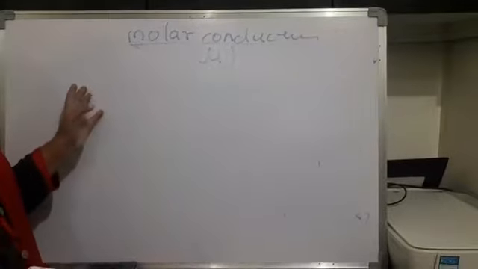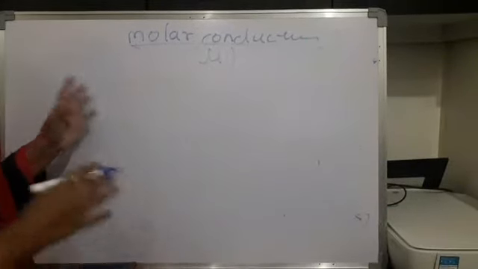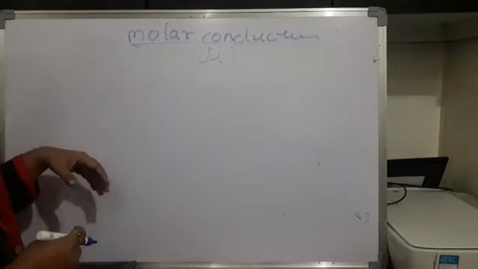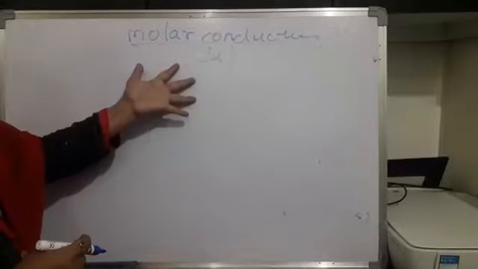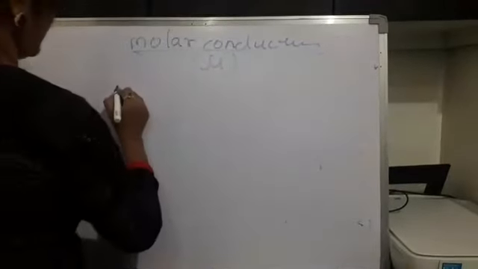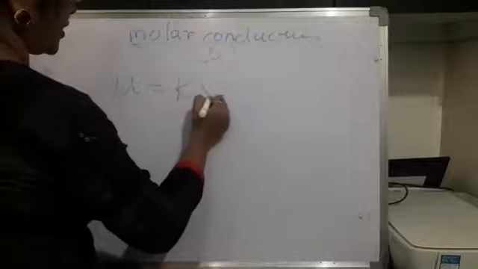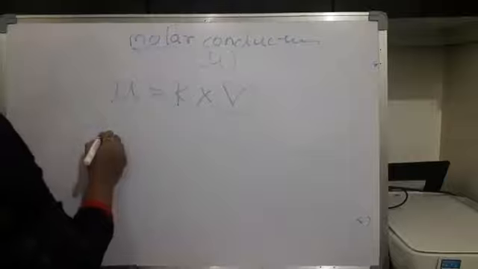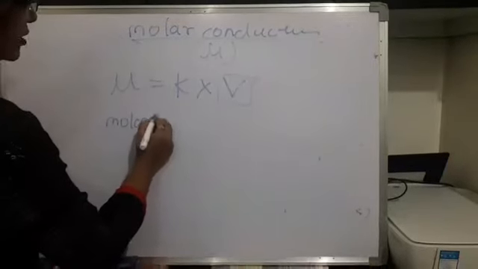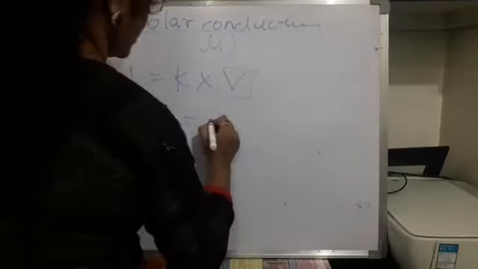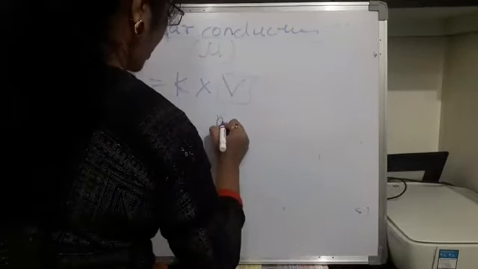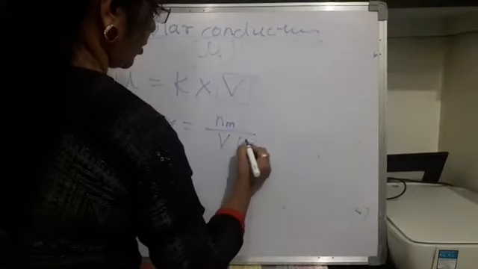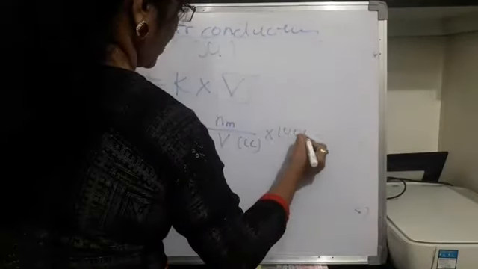The only difference between equivalent conductance and molar conductance is that in equivalent conductance we take the number of equivalents, and here we take the number of moles. Again the same relation with the specific conductance, K into V. Here V is determined by the molarity, which is the number of moles per unit volume in cubic centimeters for 1 liter of the solution.